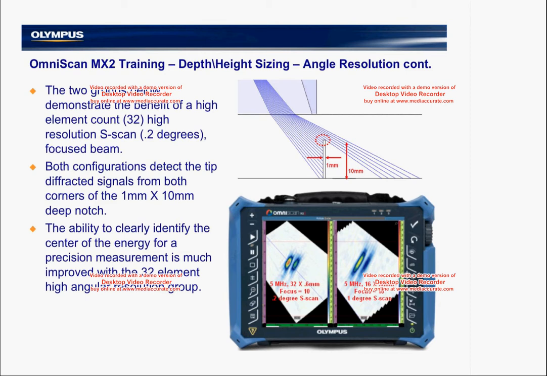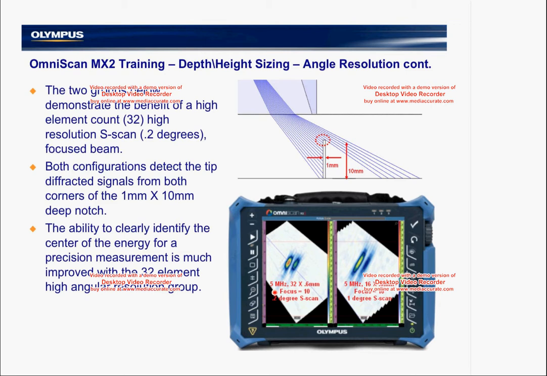Our sizing, and depth and height sizing in particular, is dramatically improved by advanced inspection techniques and more powerful instrumentation. The two images you see side by side here are a 10 millimeter high, 1 millimeter EDM notch.